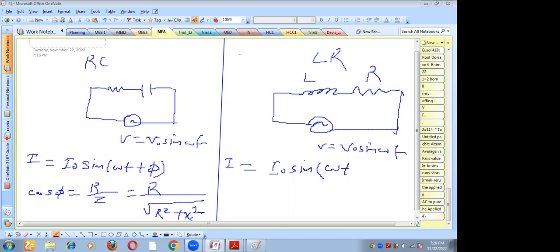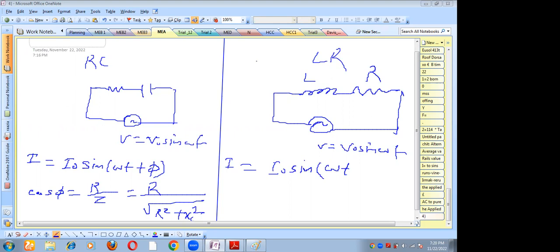Lag, right? If it is a capacitive circuit, it is leading.